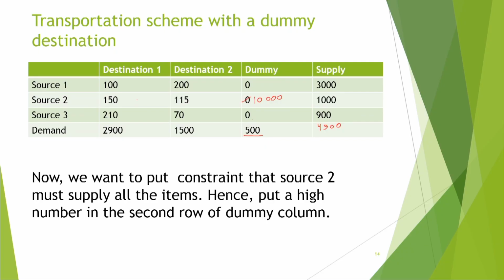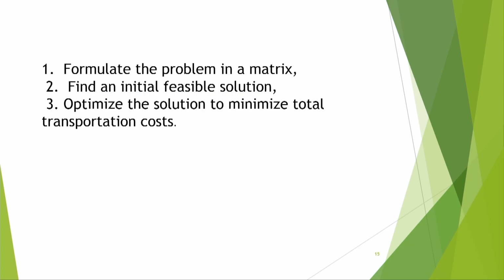Then the initial basic feasible solution: in the next class I am going to tell the transportation problem, finding the initial feasible solution by the northwest corner method. And then further will be optimization of the solution to minimize total transportation cost.